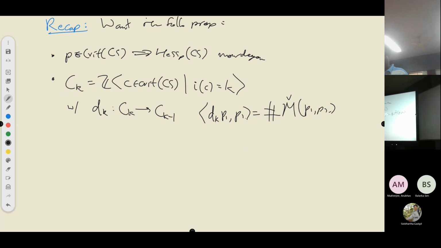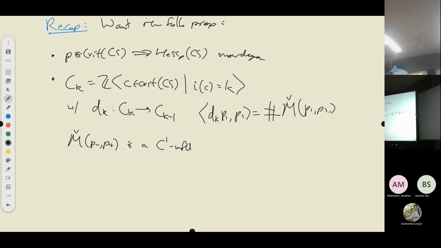What we further require is that M check from P minus to P plus is a smooth manifold, or actually even C1 will do. So let's just stick with some low regularity.